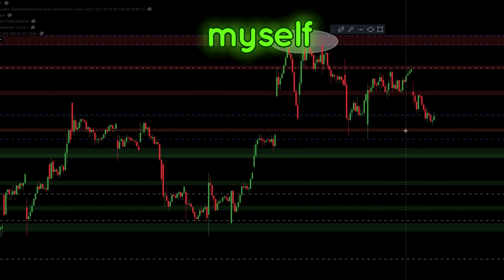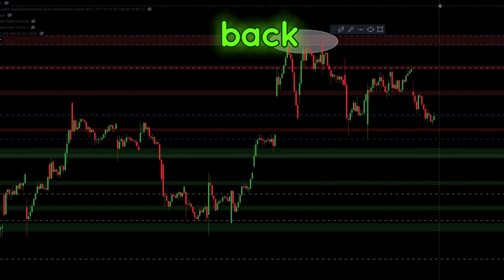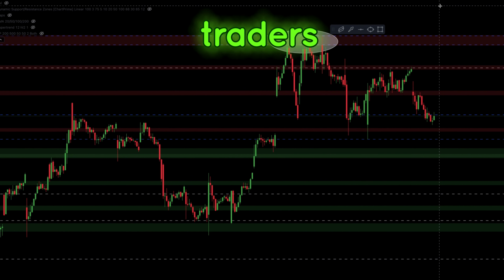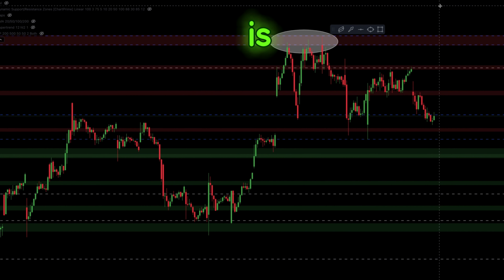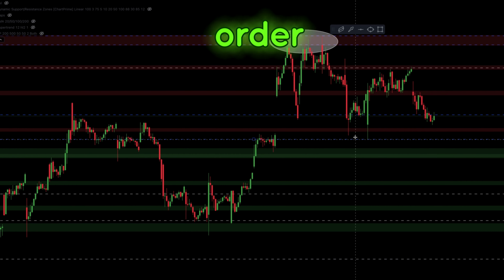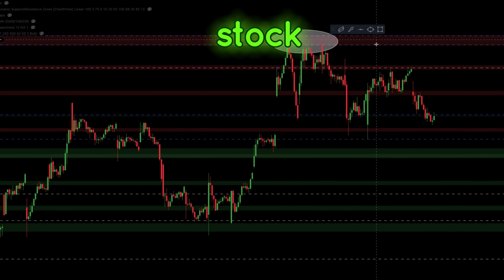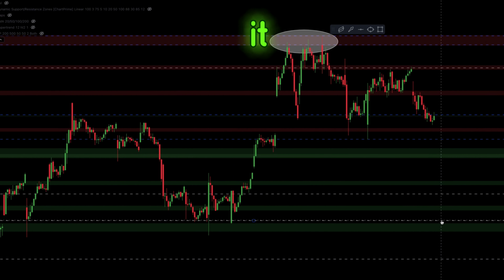And I have to think to myself, where can this thing find the liquidity to go back up? The one thing that traders fail to recognize is, in order for a stock to go higher, it must go lower. So in order for this thing to break 530, it must come lower and find liquidity. If a stock wants to go lower, it must go higher to find that selling liquidity.